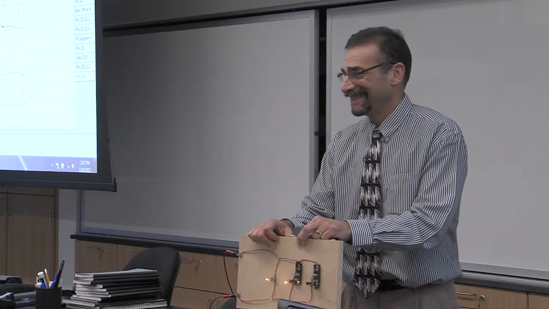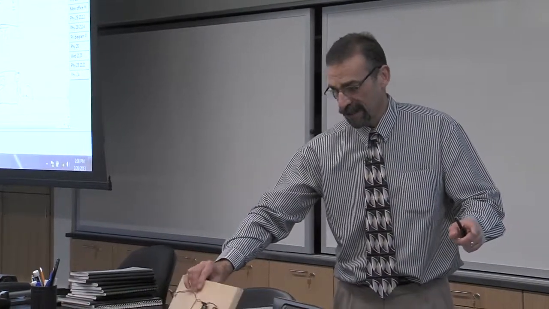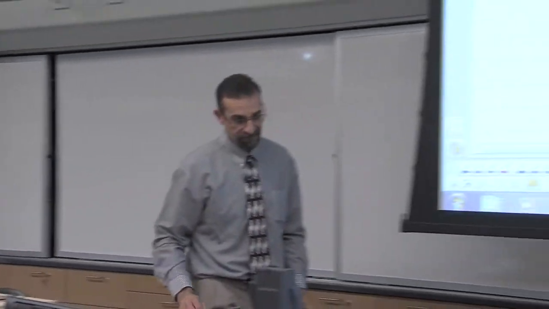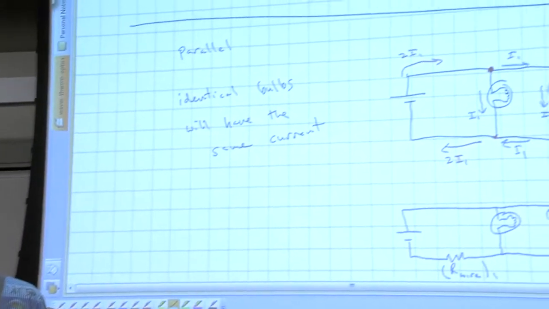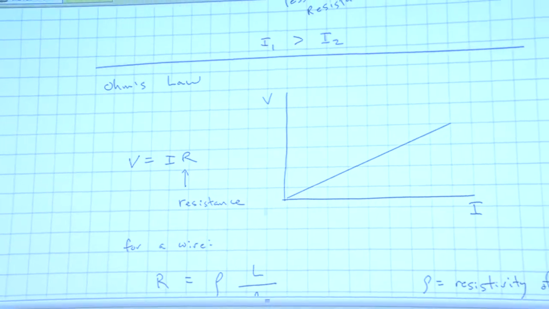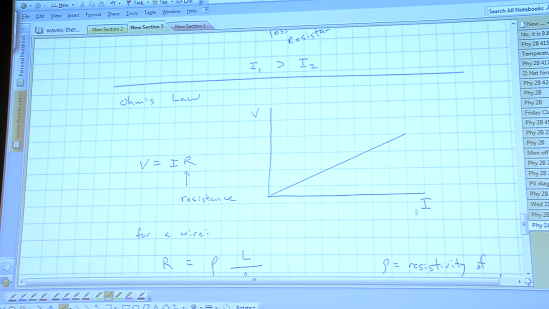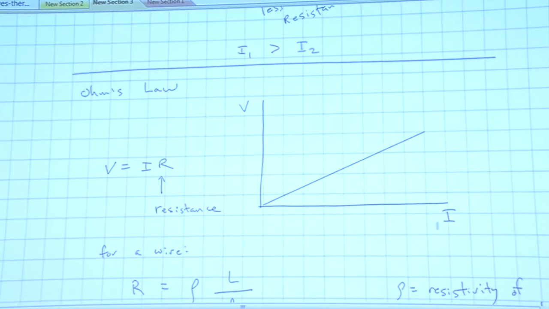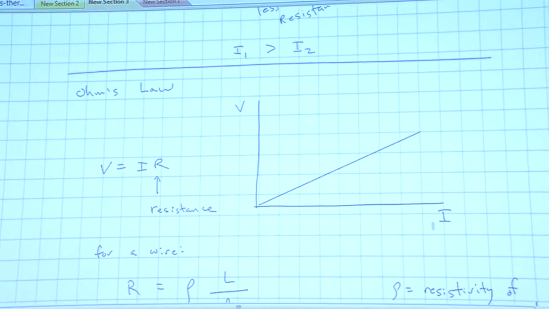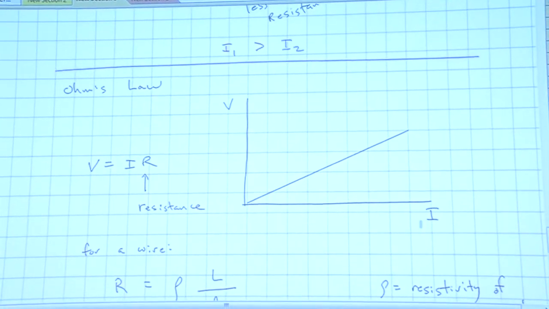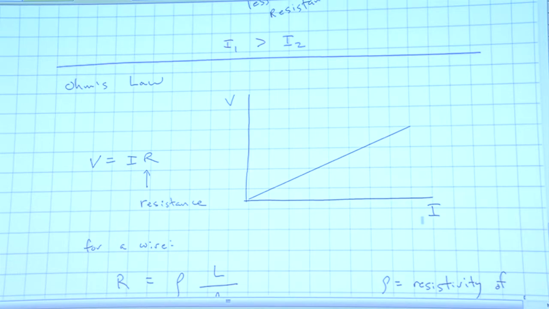Yes. Because let's take a look at our Ohm's law equation. V equals IR. So the voltage that we're supplying from the battery stayed the same, but what changed is the resistance.